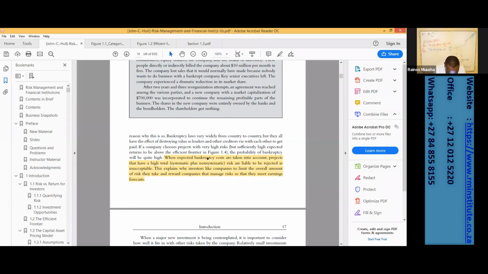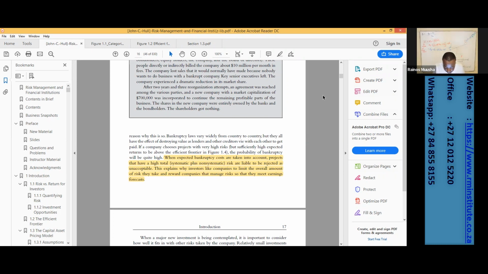Right at the bottom of page 16, on line number 5, they say, when expected bankruptcy costs are taken into account, projects that have a high total risk are liable to be rejected as unacceptable. So this explains why investors like companies to limit the overall amount of risk they take and reward companies that manage risk so that they meet earnings forecasts as well.